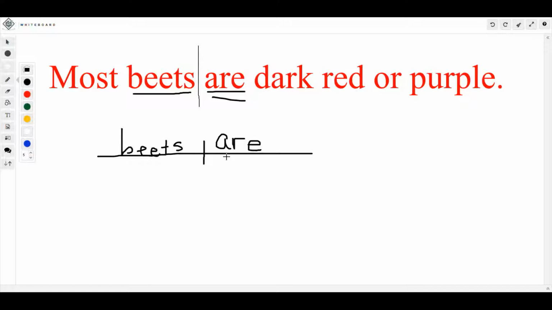Now right underneath number 2, where we're going to diagram that, look will go on the right side, because this is where your simple predicate goes. And roots go over here because that's your simple subject. Okay, good.